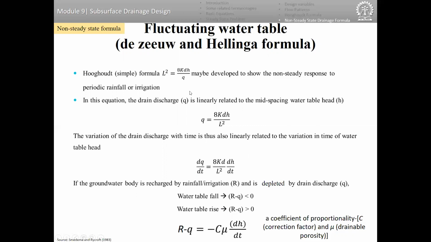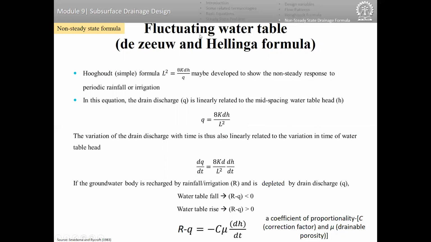This expression can also be used to arrive at the non-steady behavior. If you look at this expression closely, by changing this term, q is equal to 8k dh by L square. So we can see q is linearly related with h. So between q and h, there is a linear relation.